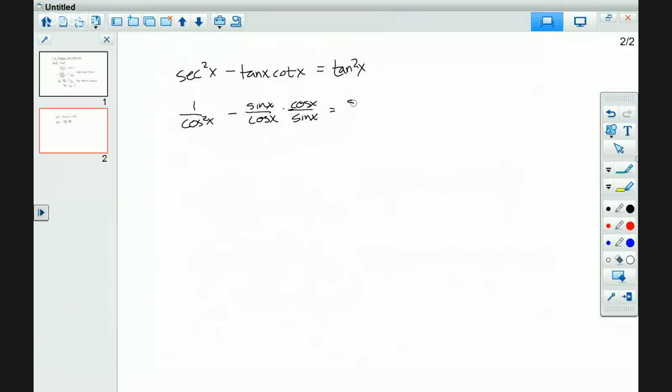Tan is sine over cosine. So it's not a bad thought changing to sine and cosine, because it actually shows you something you can do here, and we end up with 1. So that would be a benefit of changing this one.